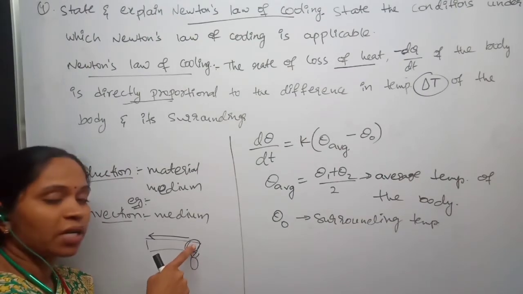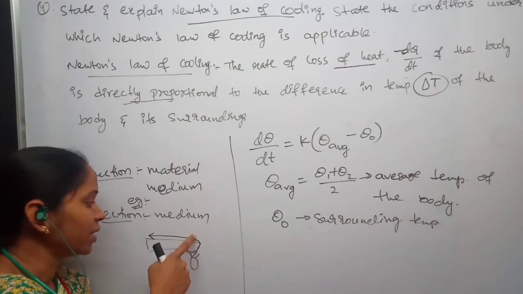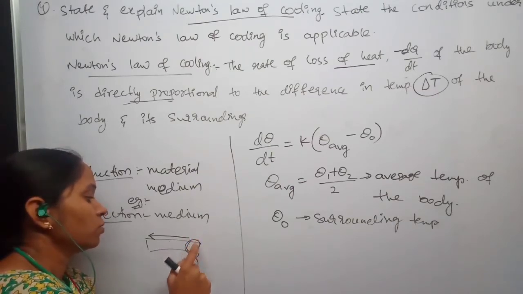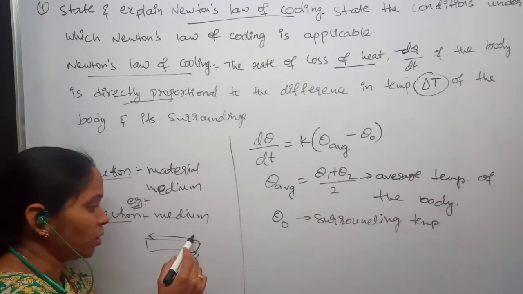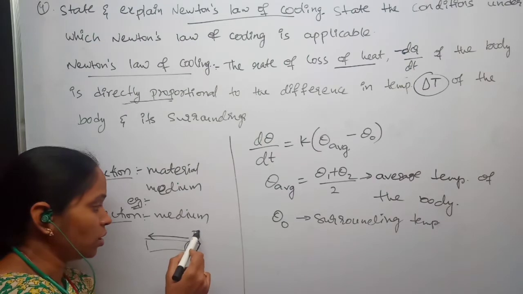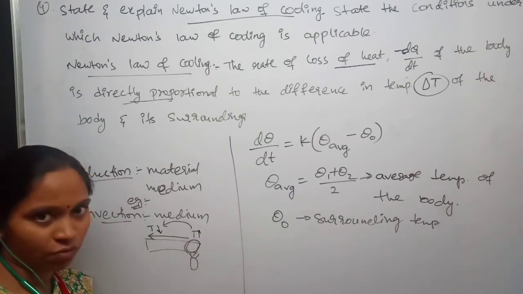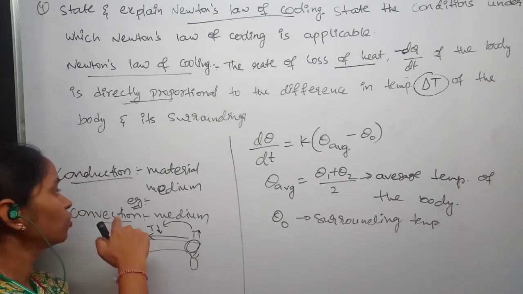Here there is a temperature difference between these two ends, right? Therefore, the heat transfer takes place from this end to the other end. The temperature is higher here and lower there. So from high to low the heat transfer takes place. This is conduction.